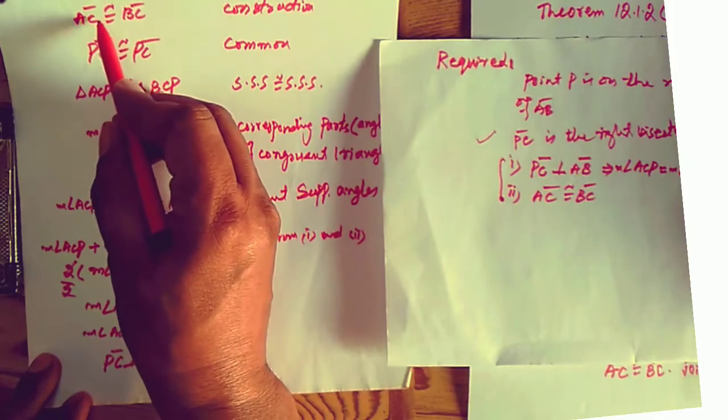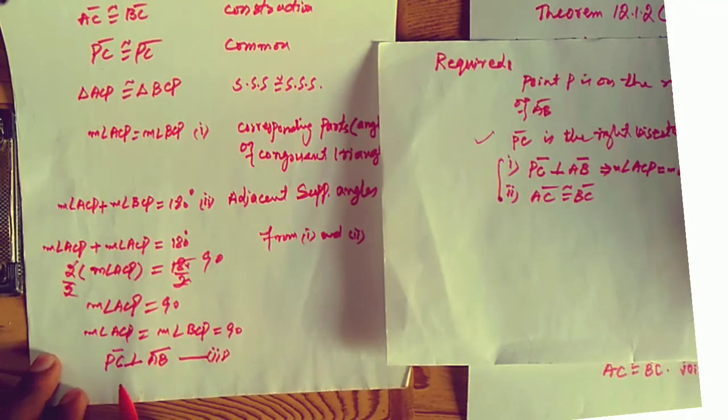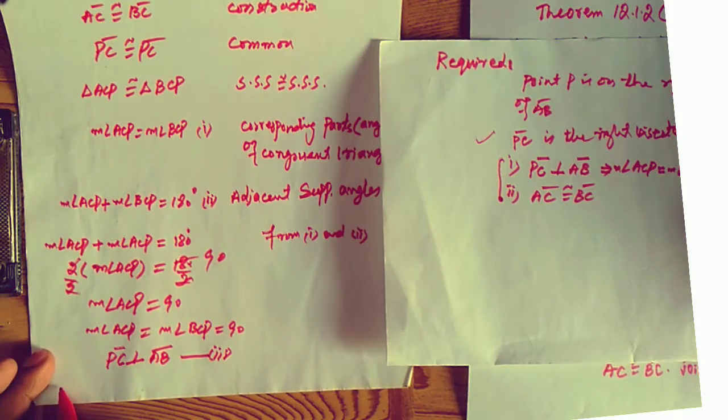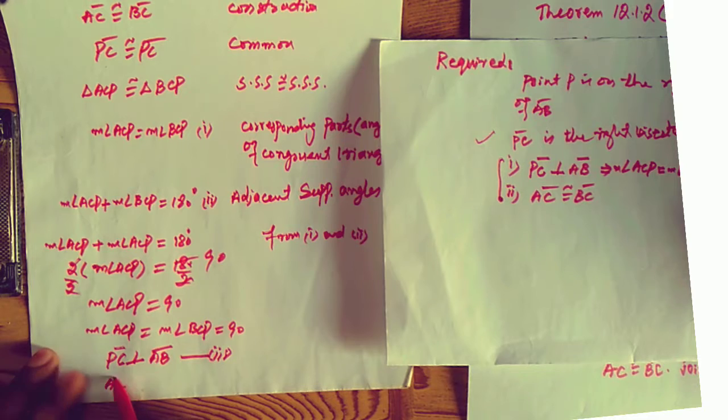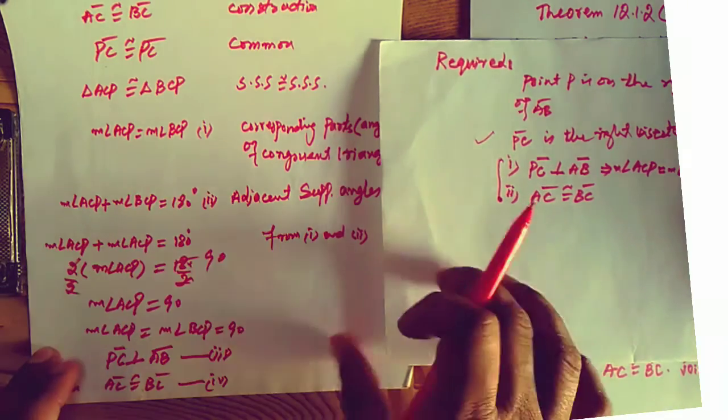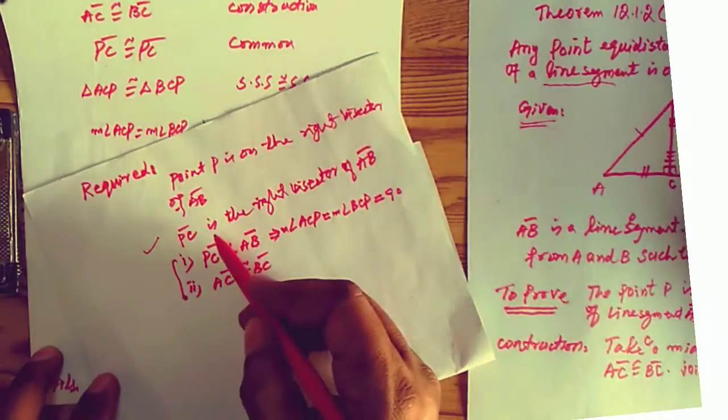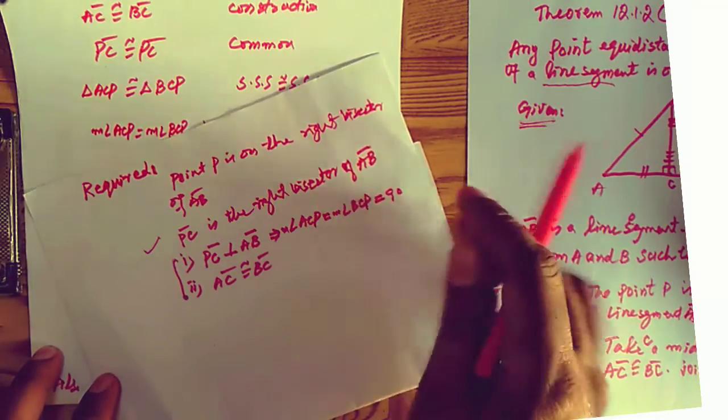From construction, AC congruent to BC, which becomes equation 4. From equation 3 and 4, we can make PC the right bisector of AB.